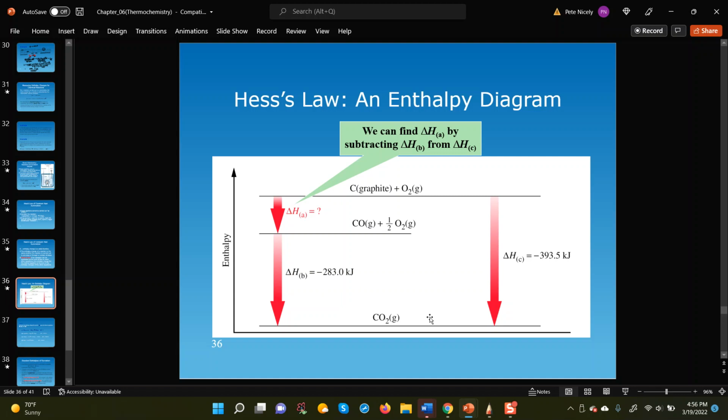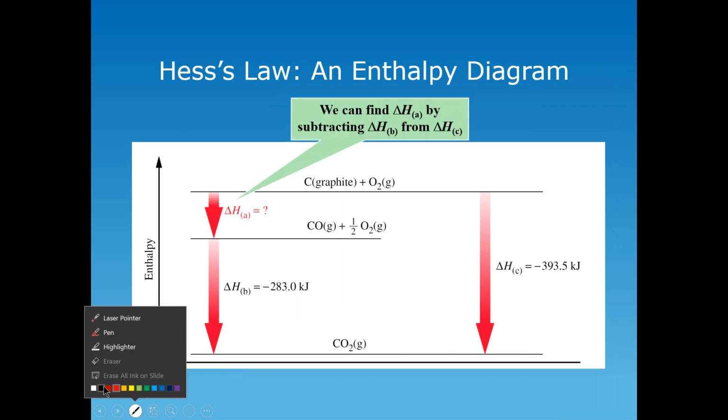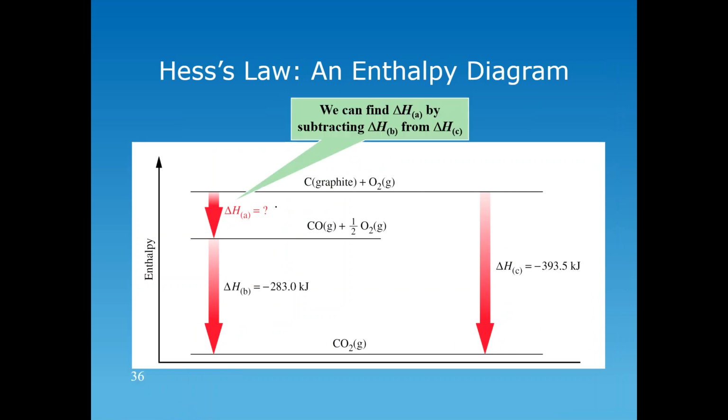Let me write it here. So the value here would be minus 110.5 kilojoules, all right? So that's basically how we can calculate the enthalpy change of a particular reaction, which in practice would be difficult to perform and determine, based on the enthalpy changes of other related reactions, all right?